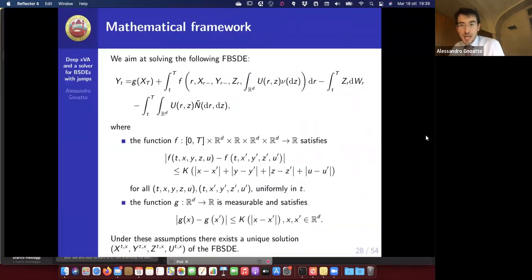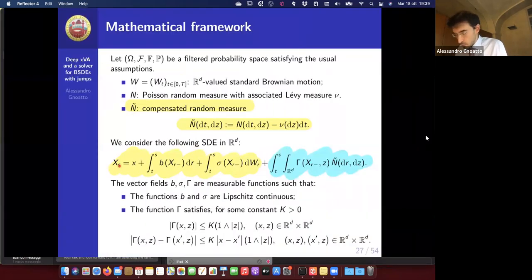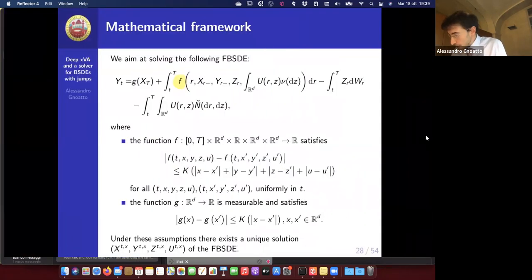Associated to this forward SDE, we have a backward SDE again. F is still the driver, which depends on time. It depends on the forward process X. It depends on itself. It depends on the control on the Brownian part.